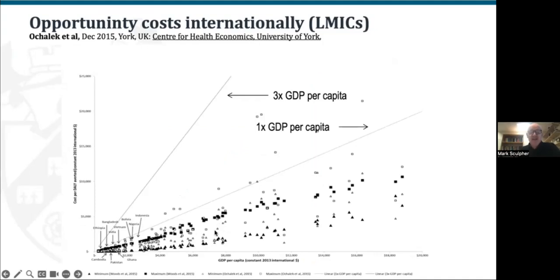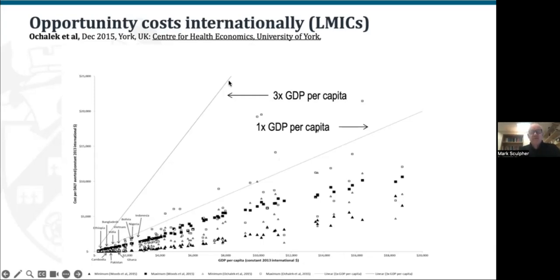And you can see here that these measures of opportunity cost for most of these countries are below 5,000, most of them below 10,000, one or two between 10 and 15,000 pounds. And this is per DALY avoided.